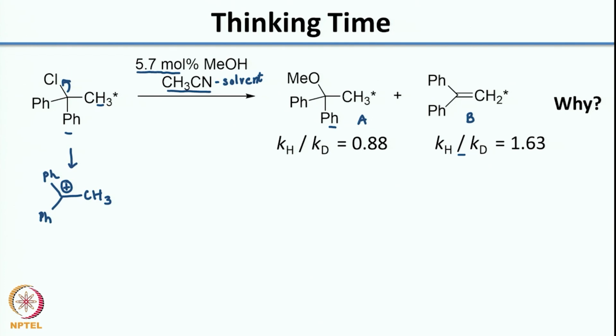Now, once you form the carbocation, you can have methanol add in. So, if methanol adds in, you will get product A. This is product A.